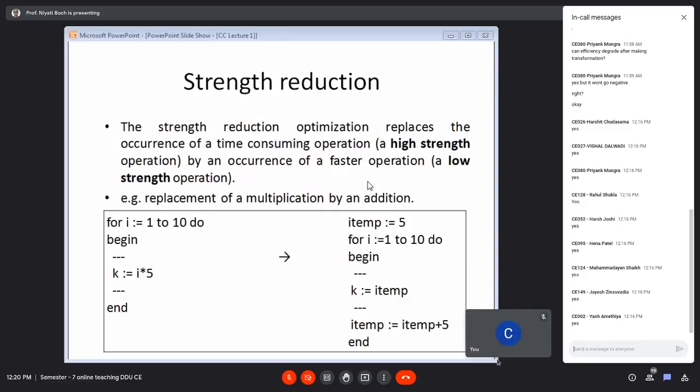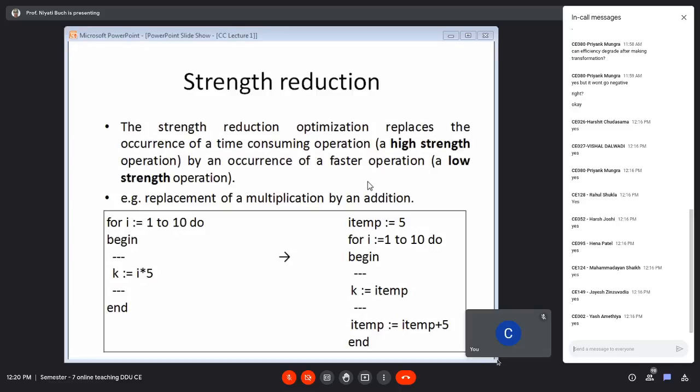So in the previous example, we have to assume that I is an integer. Also, it is a loop control variable, so it is easy to identify. But still, we have to ensure that we are not working with any floating point operand.